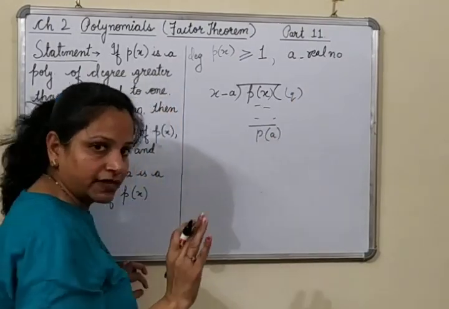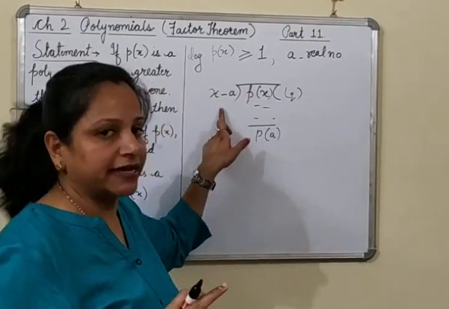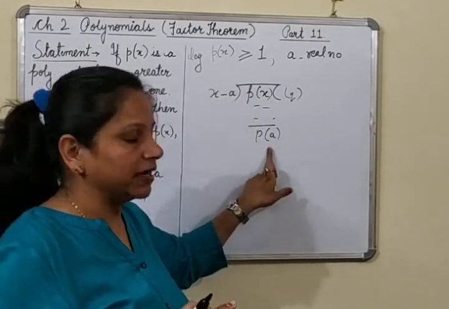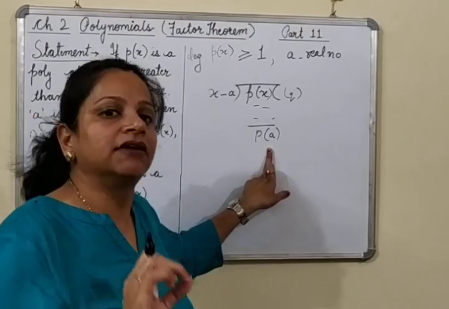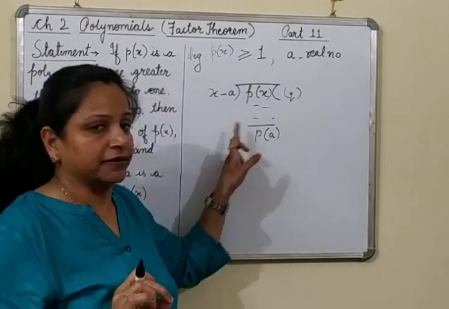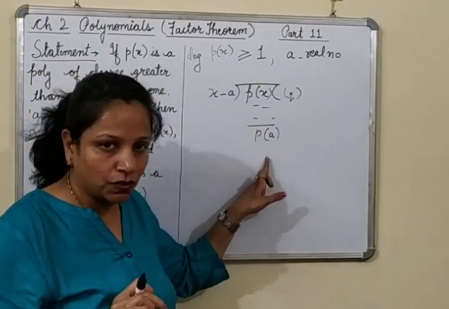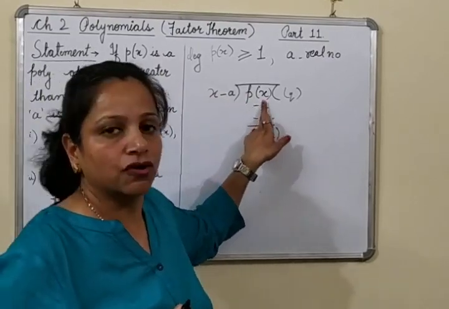Yes, same was there for the remainder theorem: if Px is divided by x minus a, then you get the remainder Pa. Now, what is the change in the factor theorem? A slight change.